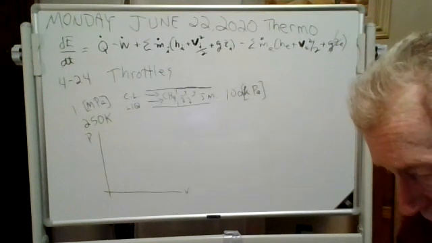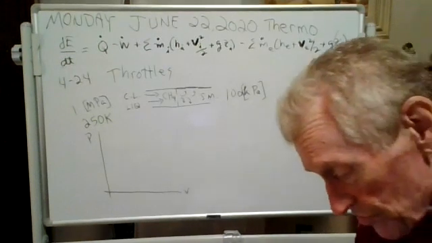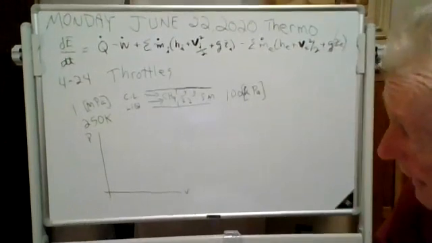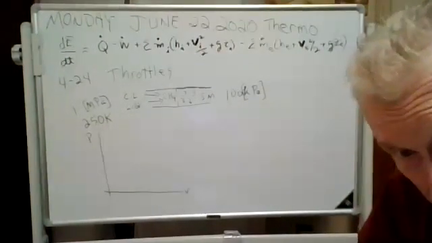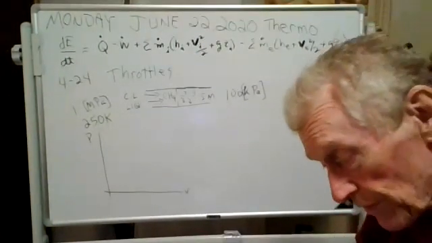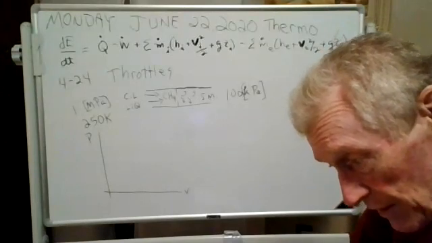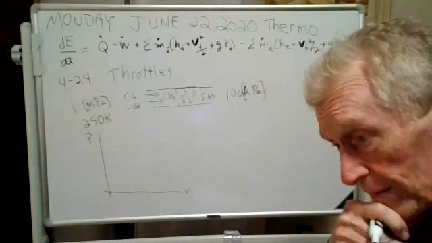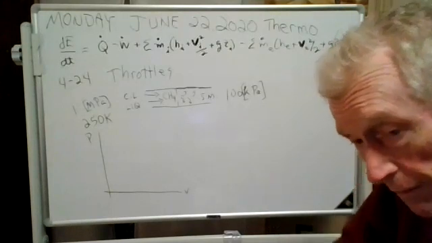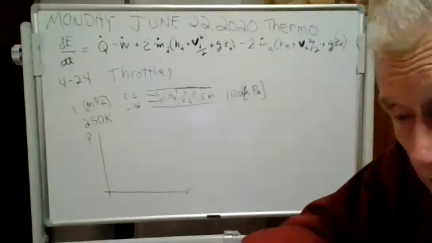Maybe they don't have a methane. Let me keep looking. Aha, saturated methane. They have a methane table in the back. The rule is if they have a saturated methane table, that must mean that it can liquefy. So that's another way to know.